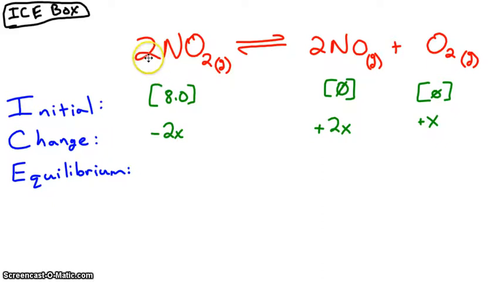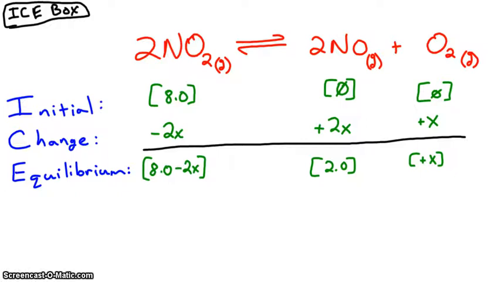So every 2 moles of this that breaks apart, you're going to make 2 moles of NO and 1 mole of O2. The change of concentration that's going to occur with NO is positive 2x. It's positive because the NO gas is a product, so it's going to be produced. The O2 gas has a change of concentration of positive x. Stoichiometric coefficient 1, 1x.